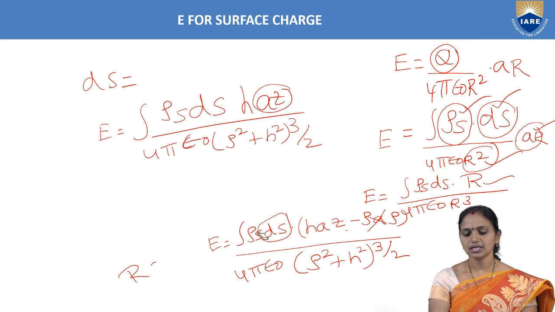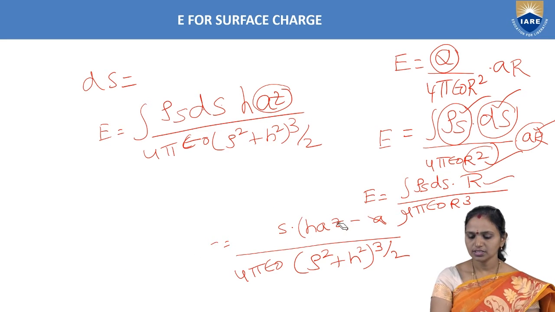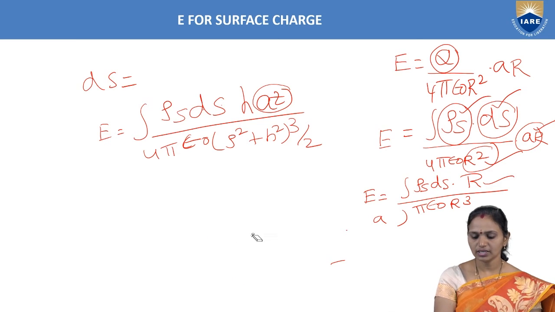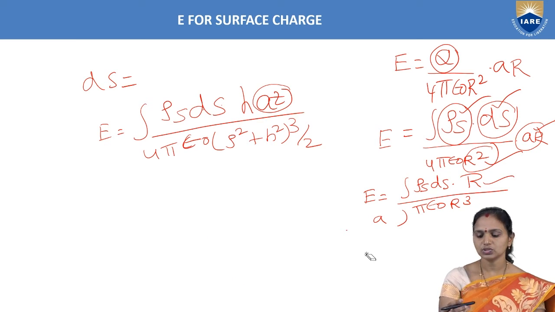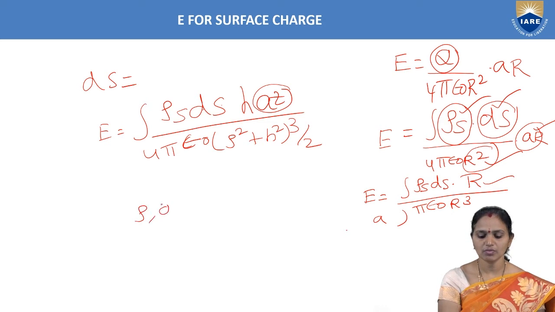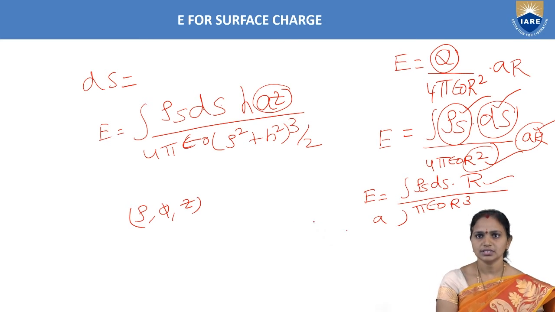Now I am going to take cylindrical coordinate variables here, because rho and z are involved, and the coordinate variables are rho, phi, z.